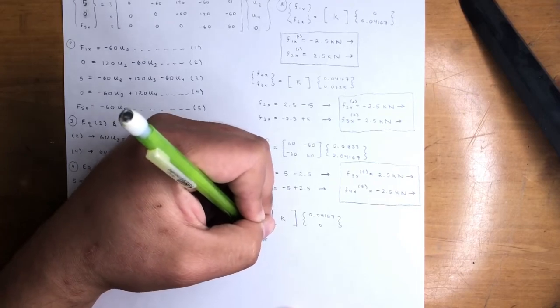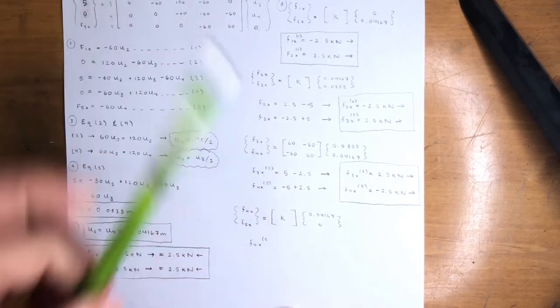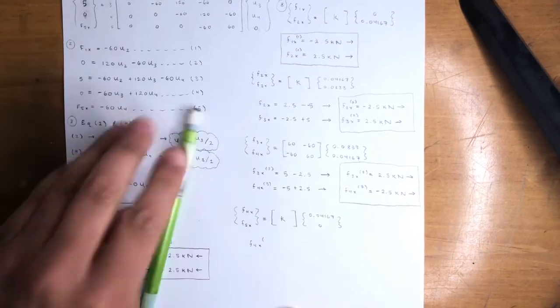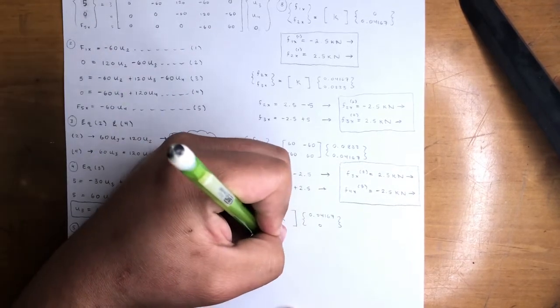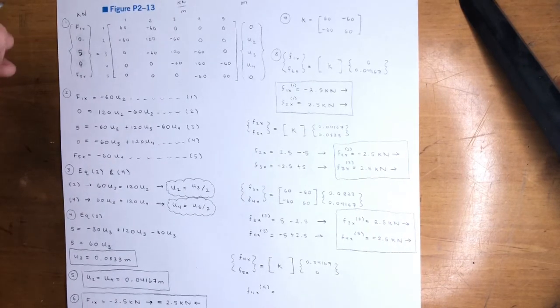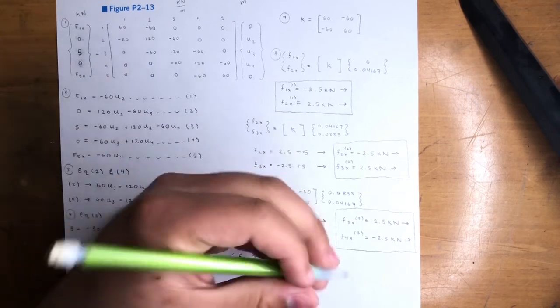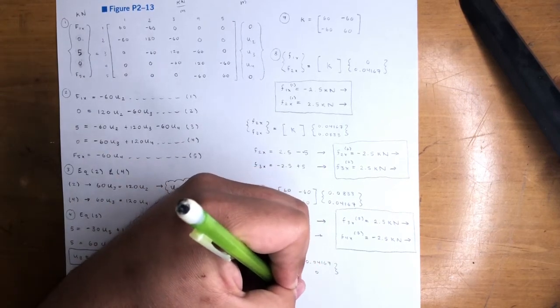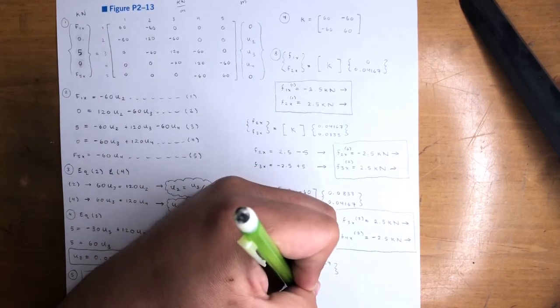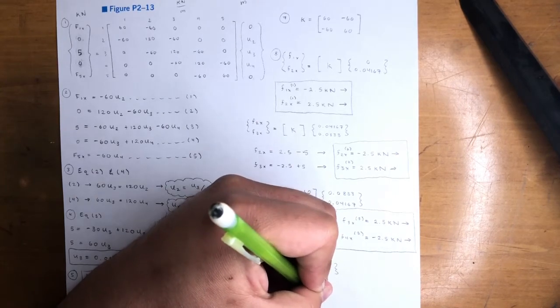F4x of element 4 is equal to, that is going to be 60 times that. That is 2.5. Then plus 0. Kilonewtons to the right.